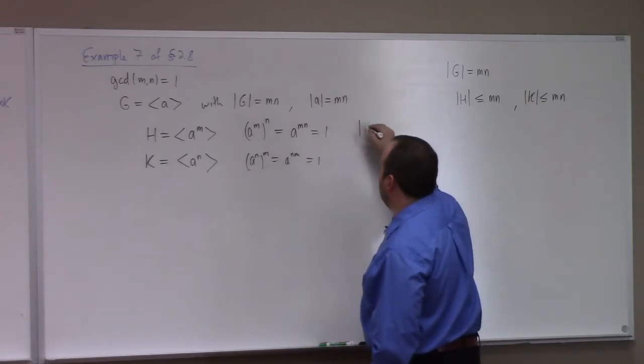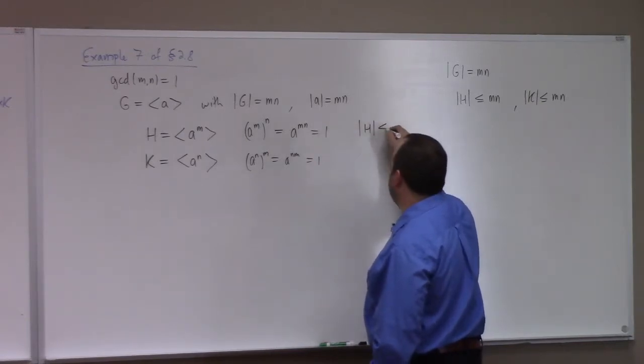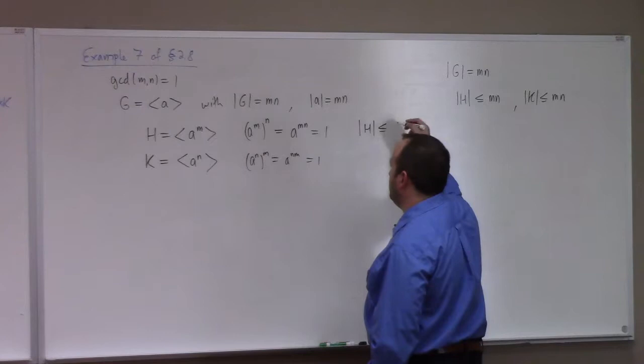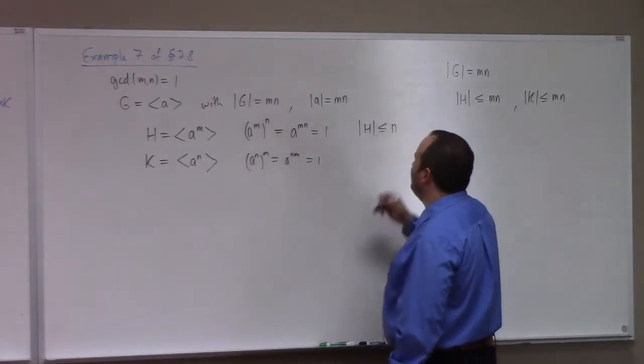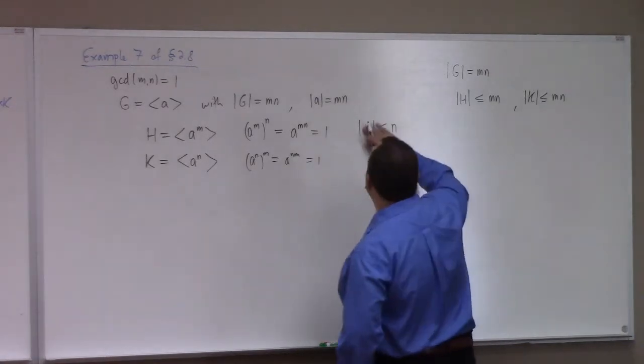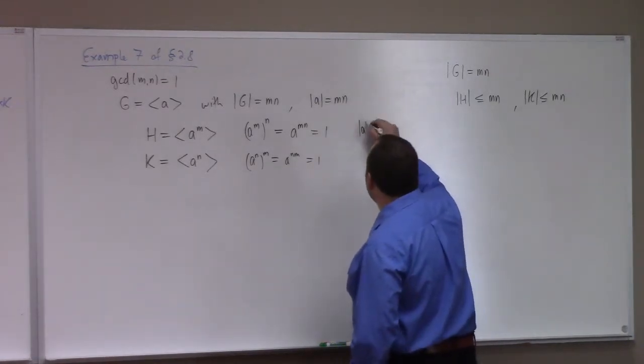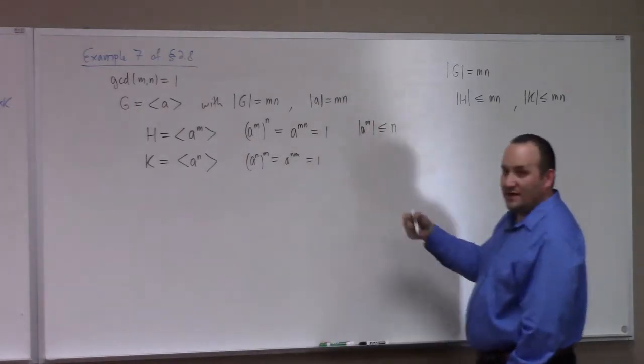More to the point, the order of a to the m. My question is, why does it have to equal n?